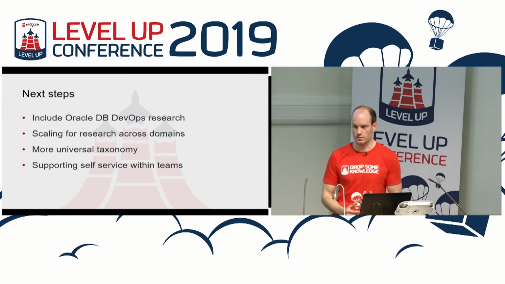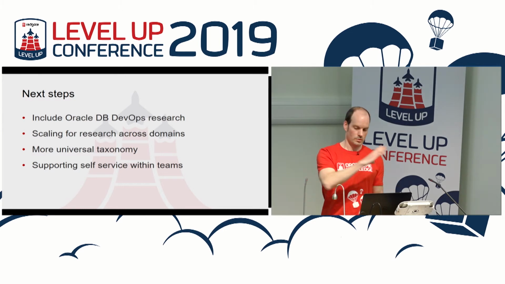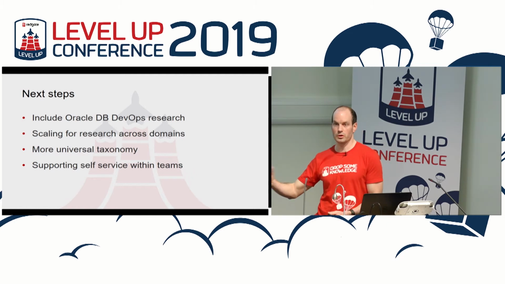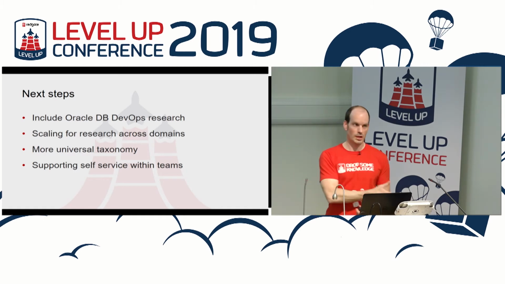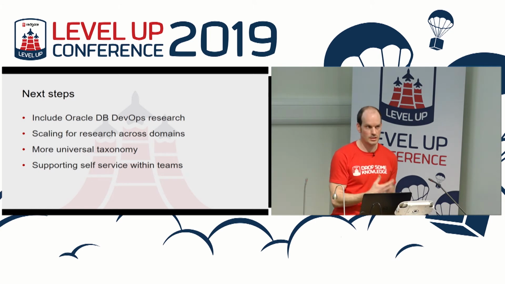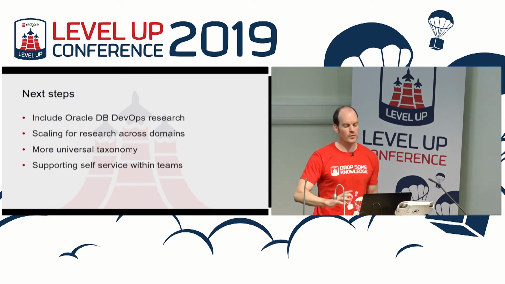the tags and the taxonomy are very much geared around DevOps. So that would mean, if we wanted to look at a more universal taxonomy, something a bit more standardized. Obviously you don't want one team using one set of tags for their observations or their data, and another team using a very different set of tags. And also finding the right balance around self-support within the teams.